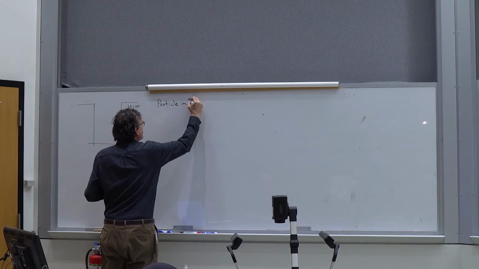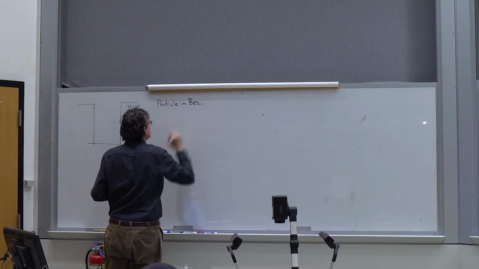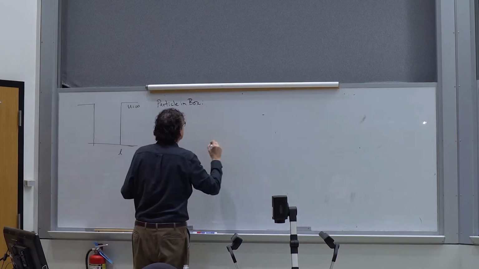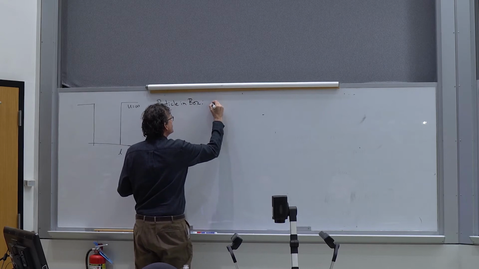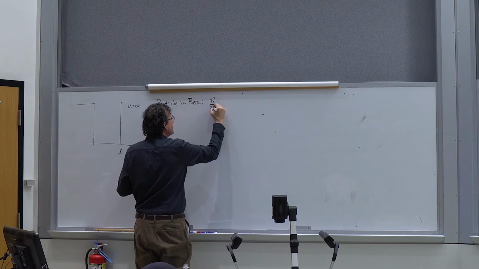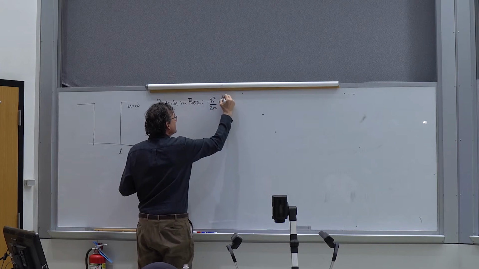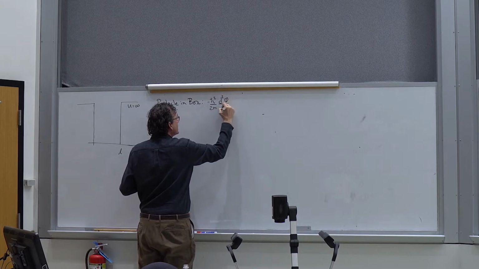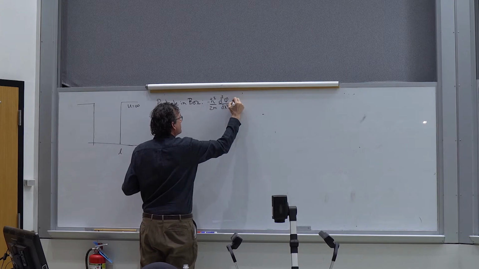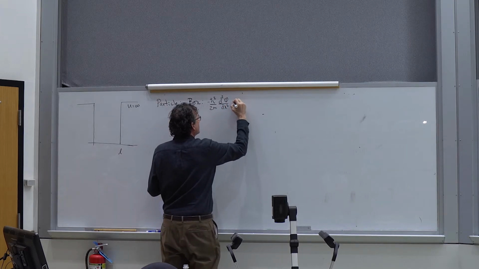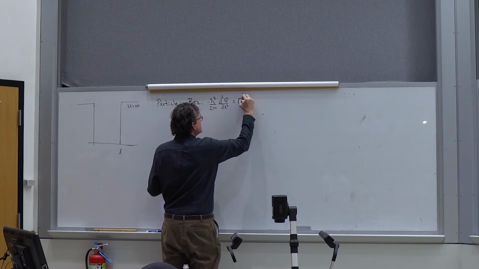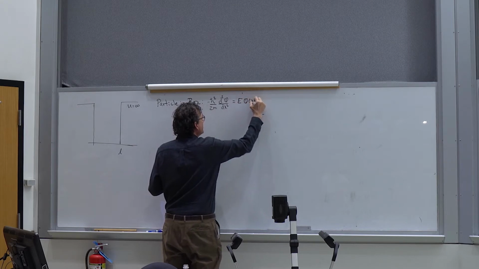And we were looking at solutions to the Schrödinger equation. So we had the solutions to the Schrödinger equation, which was minus h bar squared over 2m times the second derivative of phi with respect to x equals E times the function phi of x, right?